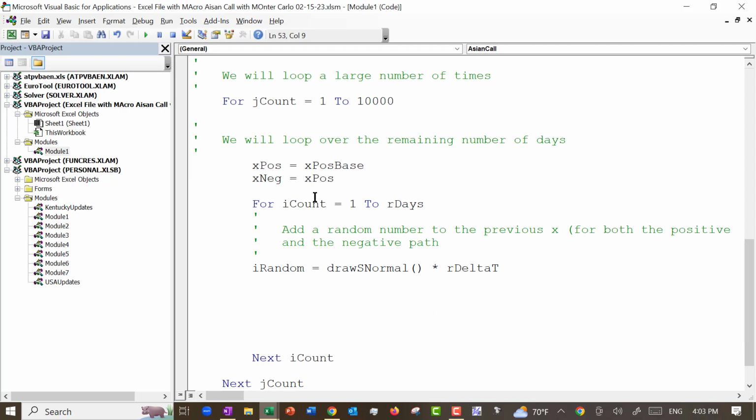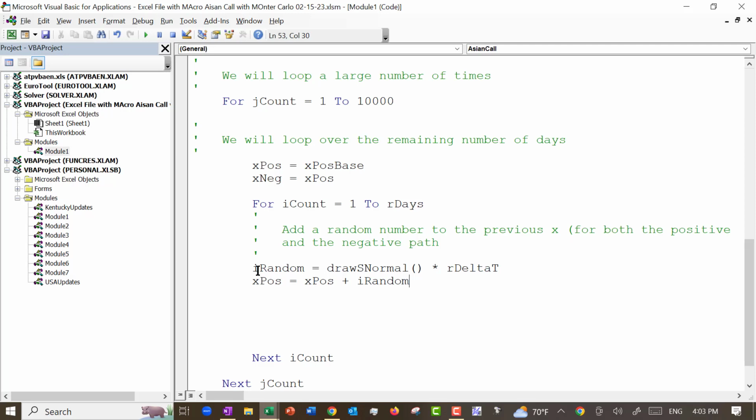So this is going to be the change in the x using the positive. So xpos is going to be xpos plus irandom. So this is going to be the new X number for that date.